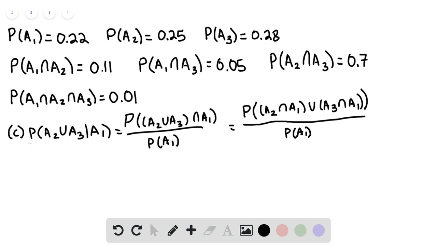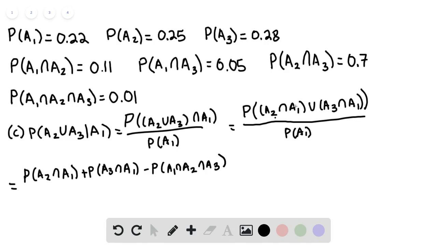Now we can use our addition rule for probability to expand the numerator to the probability of A2 intersect A1 plus the probability of A3 intersect A1 minus the probability of, well, it'd be the intersection of both of these, but that's just A1 intersect A2 intersect A3 because the A1 is redundant, all over the probability of A1.